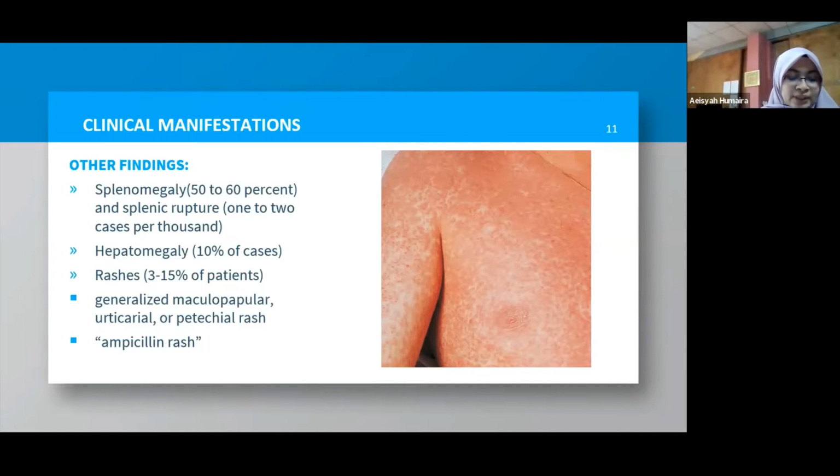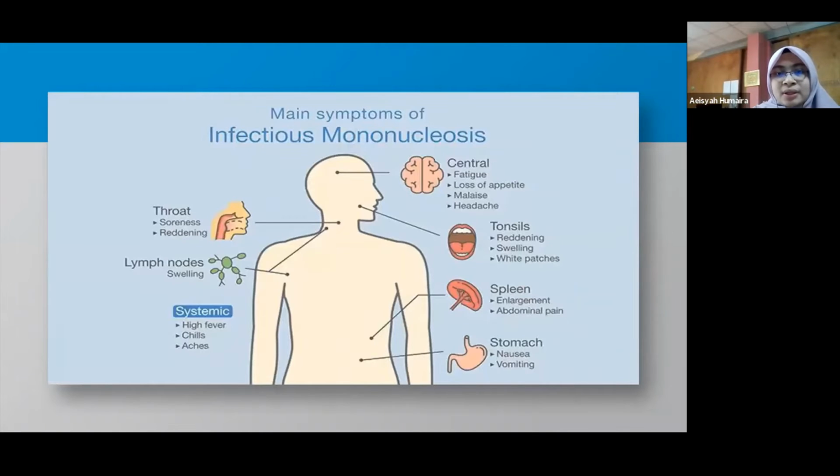The ampicillin rash happens when a patient with infectious mononucleosis gets treated with the antibiotic ampicillin. About 5 to 9 days after the treatment, they will develop a rash. So these are the main symptoms of infectious mononucleosis.